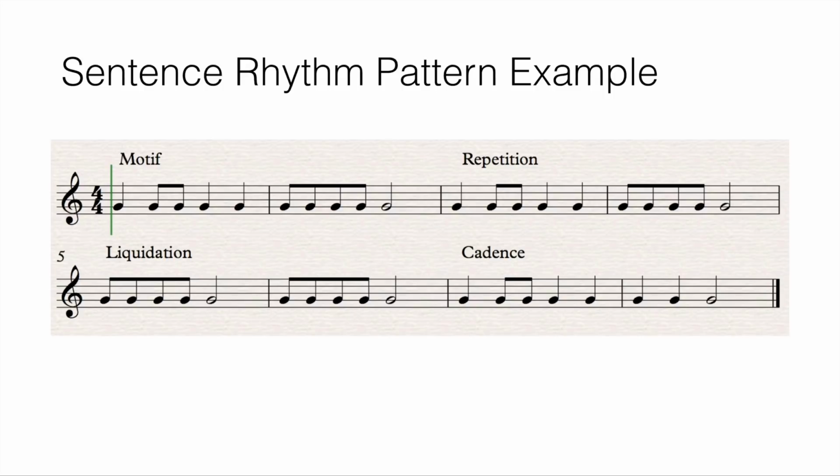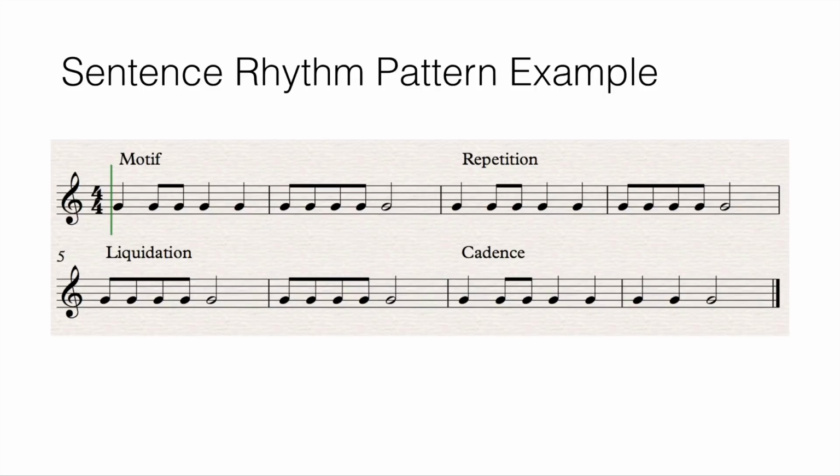And we can see in the first 2 bars, we state the motive. Then we repeat it again. Then we have the liquidation. We repeat part of the motive. I could have just repeated the first 3 notes and filled up 2 bars.